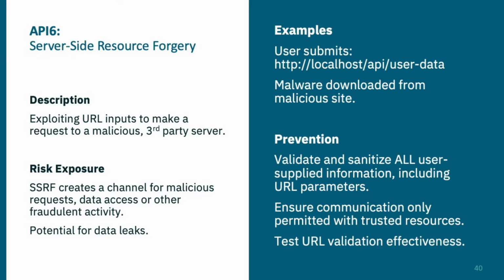If we're not doing proper validation, then that might actually get executed, or you might point a URL to a malicious site where there may be malware or other binaries or key loggers or whatever it might be.